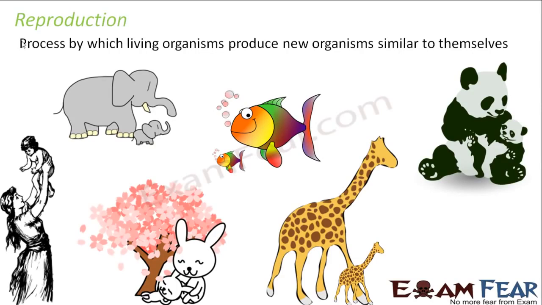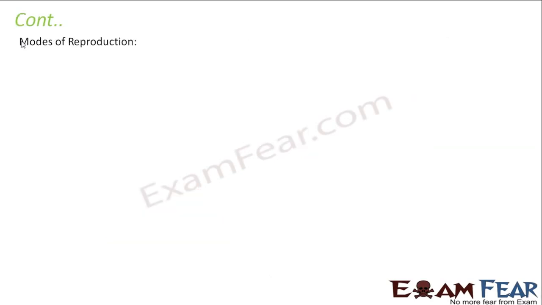Now, when I talk about reproduction, there are many different ways by which living organisms can reproduce. The two common modes of reproduction are the sexual mode and the asexual mode. We have discussed the entire process of reproduction in class 10, how each organism reproduces. So here I'll just quickly talk about the different modes seen in different organisms.